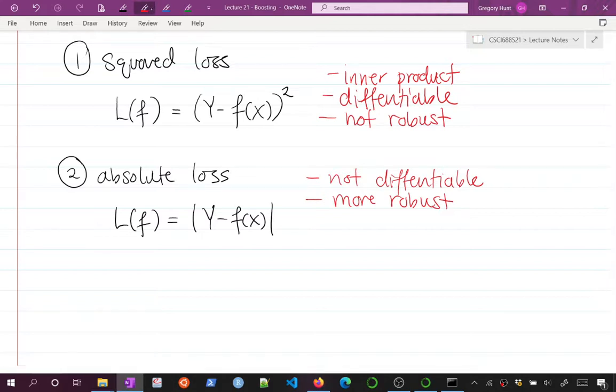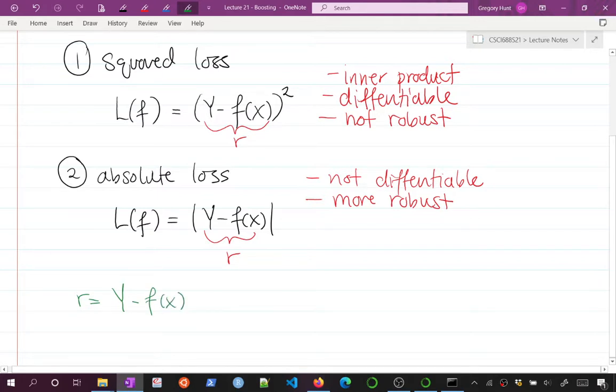Both of these can be written in terms of what we might call R, the residual. Here R is just y minus f of x. The sample version of these would be the average over our training data, (y1, x1) through (yn, xn). What we can see is that the squared loss squares the residuals, whereas the absolute loss takes the absolute value of the residuals.